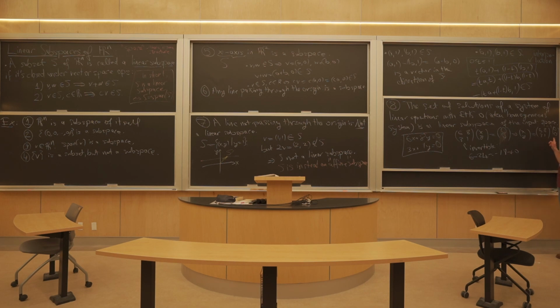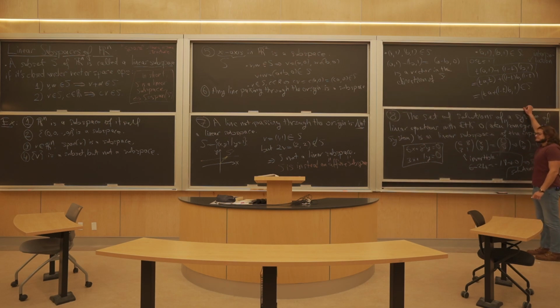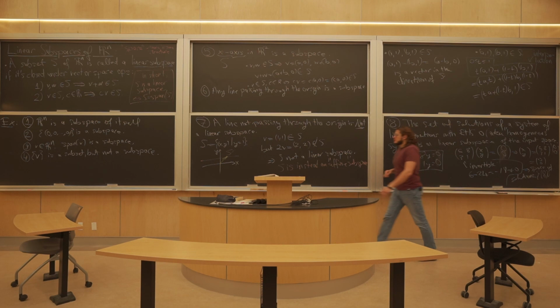And again, I don't need to compute this, because no matter what this matrix is, the end result is going to be 0, 0. So the space of solutions of this system really is this. Let me write it here. It consists only of the 0 vector. Okay?